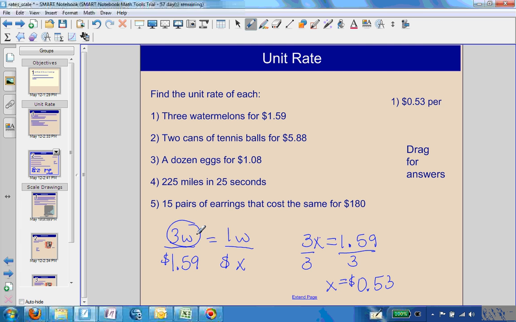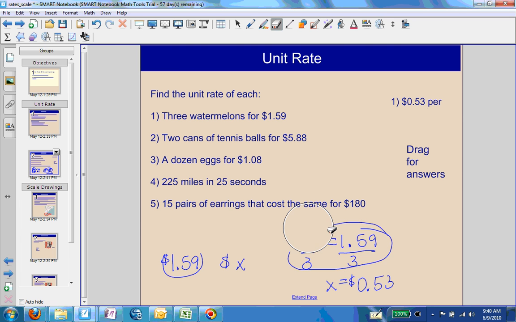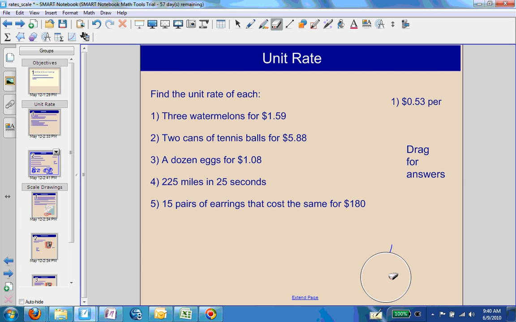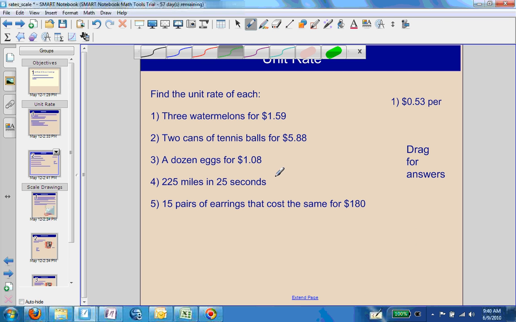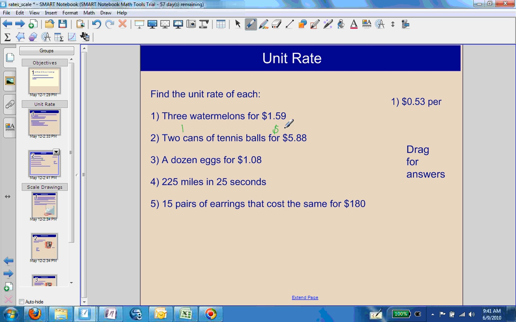In the next example, we have 2 cans of tennis balls for $5.88. I'm going to set it up the same way. In this example, we want to know how much 1 can of tennis balls is going to cost. So our original ratio is 2 cans for $5.88, and we're going to set that equal to 1 can, and we want to know how much that's going to cost.